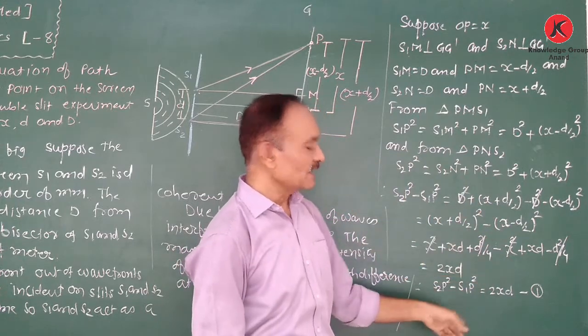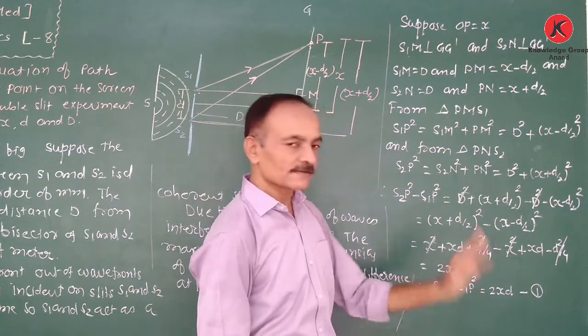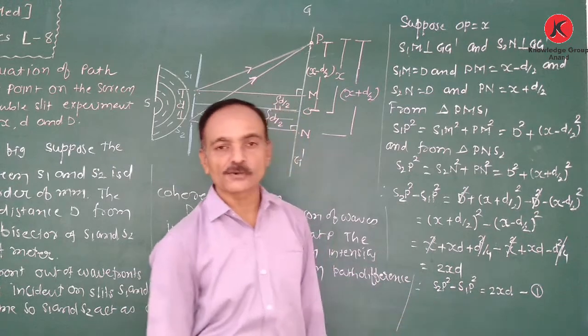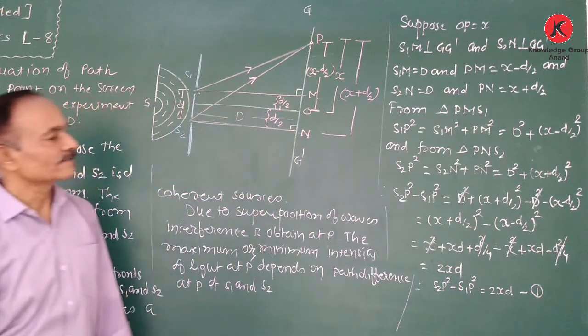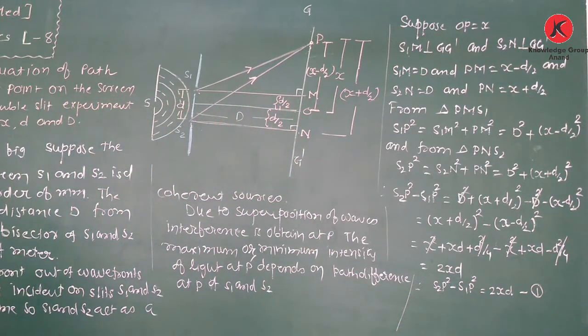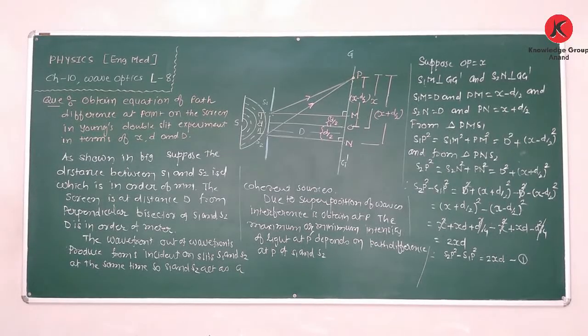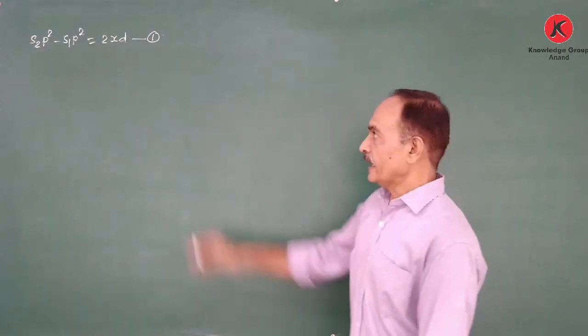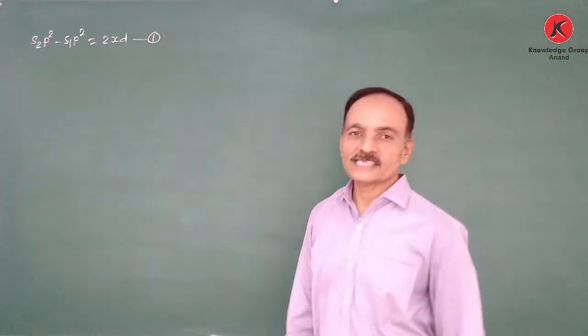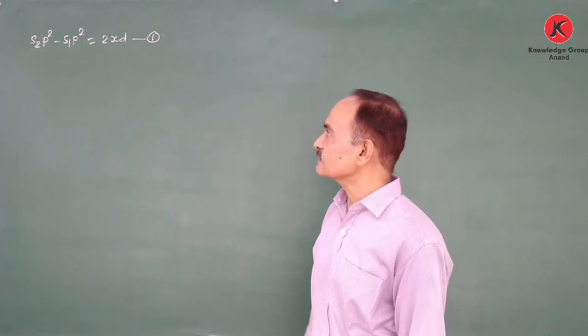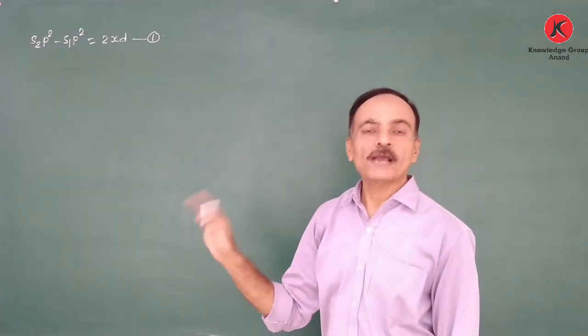We simplify, and last we obtain S2P square minus S1P square is equal to 2XD.